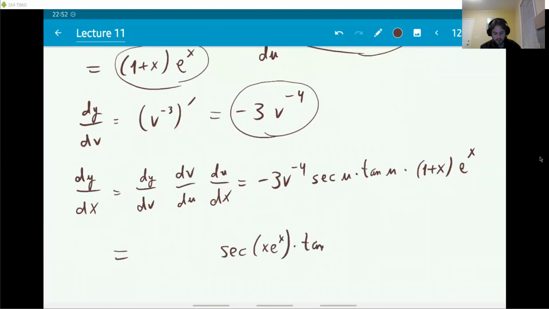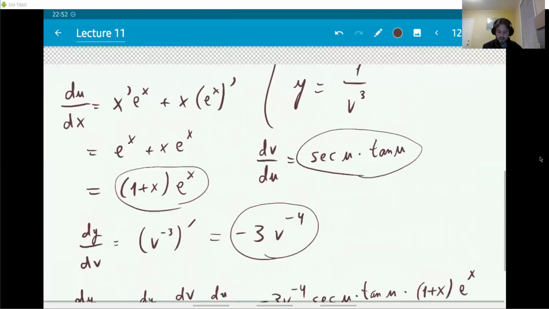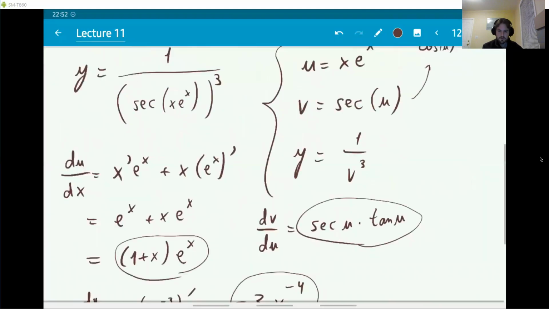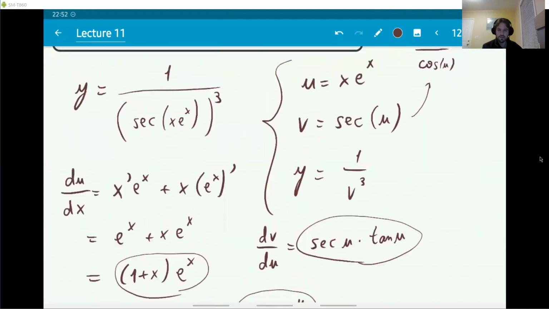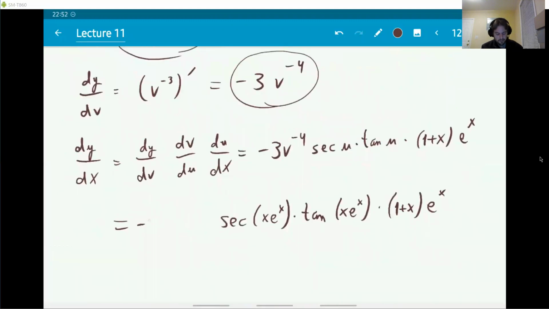Instead of u, I'm writing x e to the x. But the v is also something that we know how to write in terms of x. v is secant of u, and u is x e to the x. So v is secant of x e to the x. That's your final result.